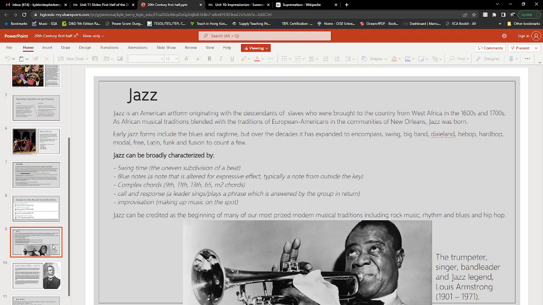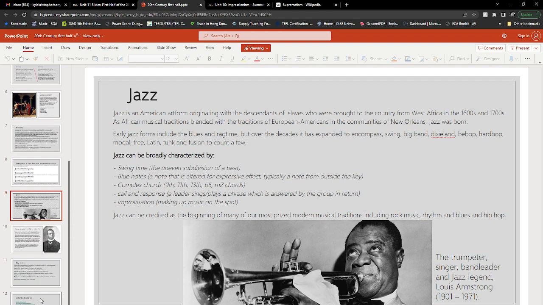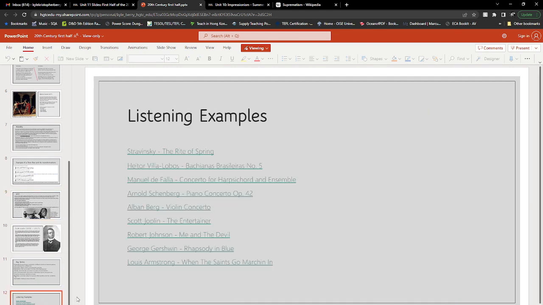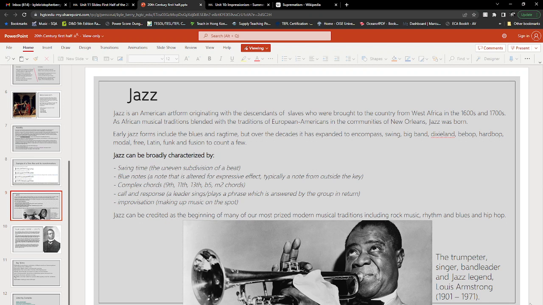I think in this, at the end, maybe I put, let me see what the listening examples are, so you can have a good example of call and response. There should be some in When the Saints Go Marching In, but I also think in the next lesson, these are a good example.